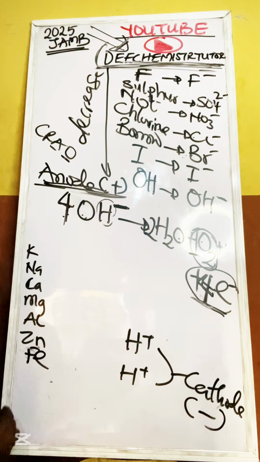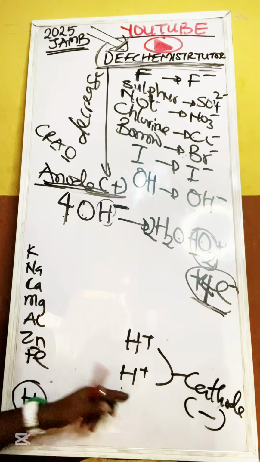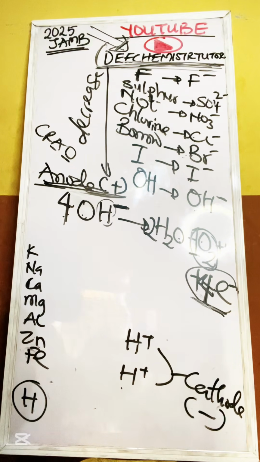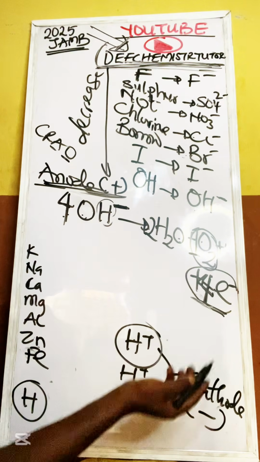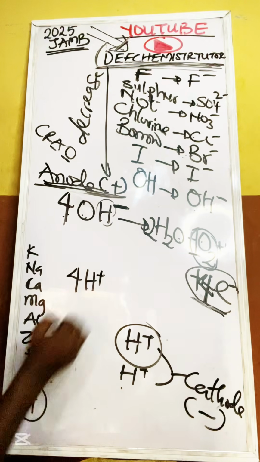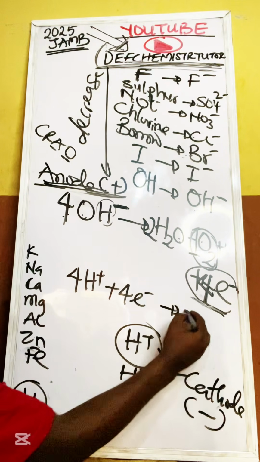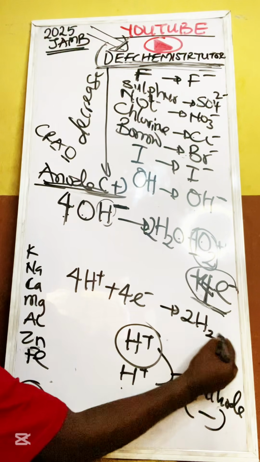I've already made a video on this, but hydrogen is somewhere around here. So the 2 guys that are coming to meet the girl are both hydrogen. The girl will just be like, there's no pressure, don't let me decide, let me just pick one of them. So we just discharge this guy. So now 4H plus 4e to give 2 hydrogen gas.